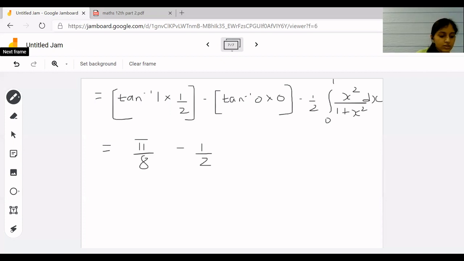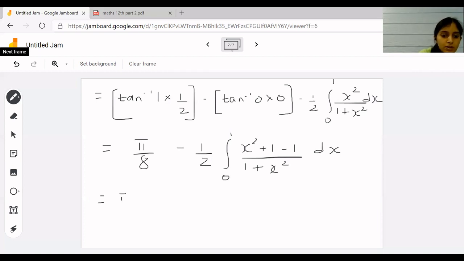What is integral of x square upon 1 plus x square? You'll write this as x square plus 1 minus 1 upon 1 plus x square. And then what do we do? Separating the denominator. So which will be pi by 8 minus half bracket.